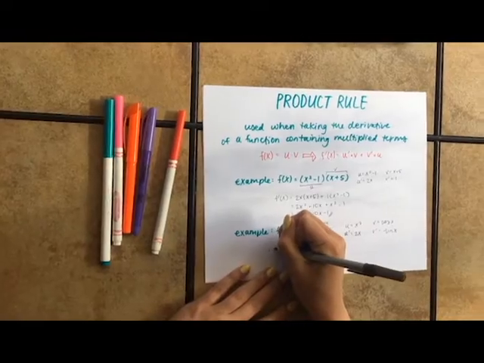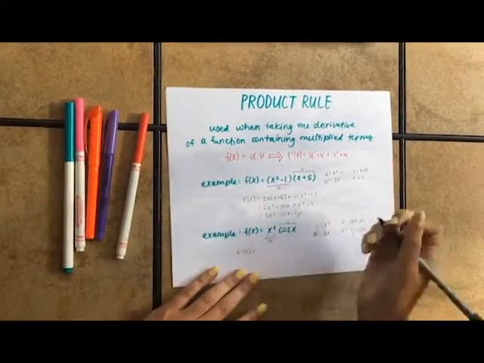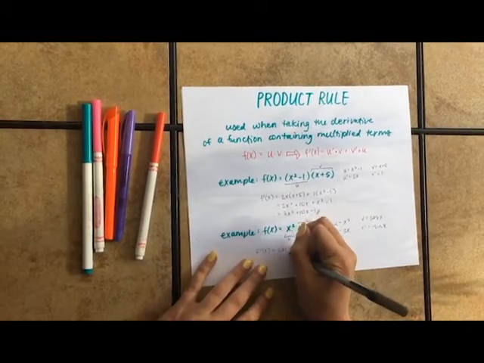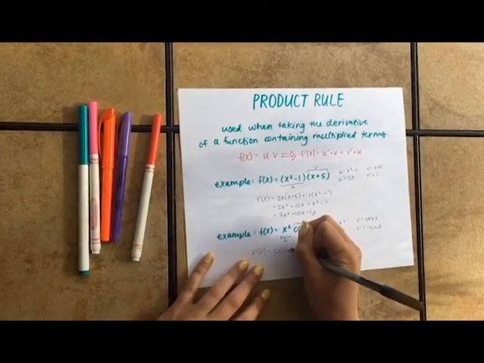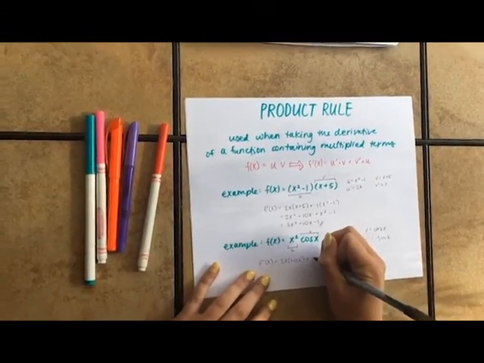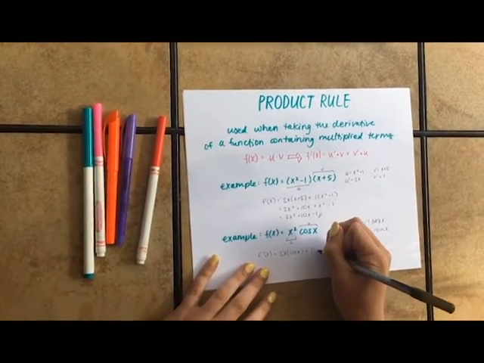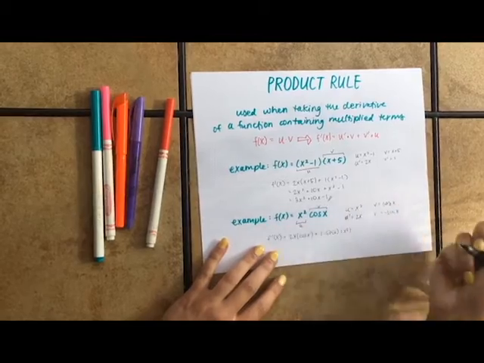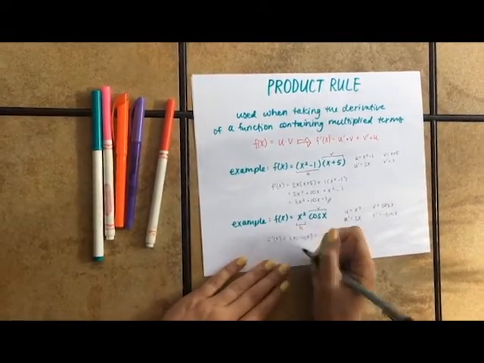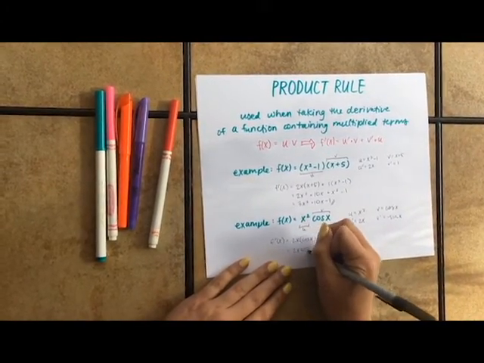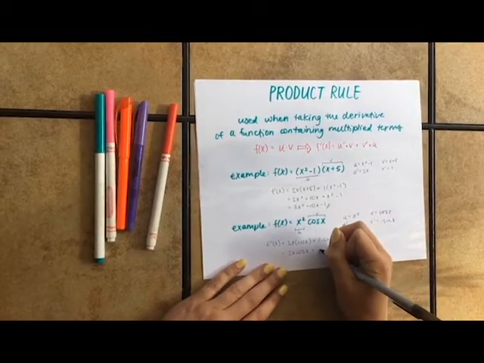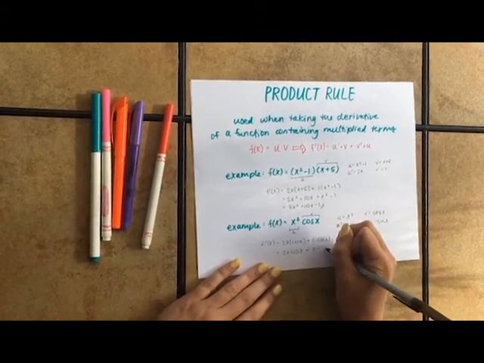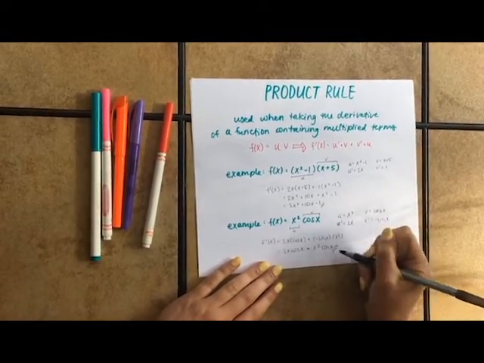Now taking the derivative of f of x, we have u prime, 2x, times v, cosine of x, plus v prime, negative sine x, times u, x squared. Simplifying this out, we get 2x cosine x minus x squared sine x.